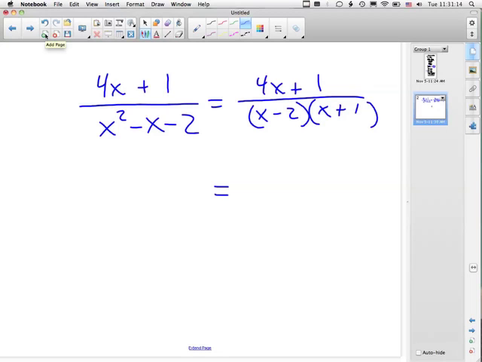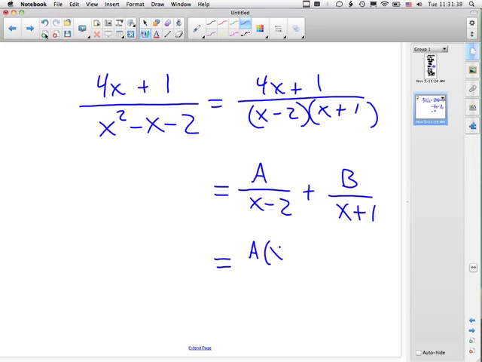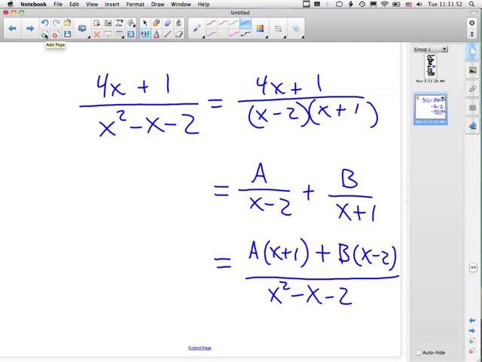Now we're going to assume that our answer is a over x minus 2 plus b over x plus 1. Okay, those are the two fractions that we're going to try to break it into. And then we're just going to work our normal magic. Let's combine it into one fraction. We've got a times x plus 1, and we'll have b times x minus 2 all over our combined denominator, x squared minus x minus 2.